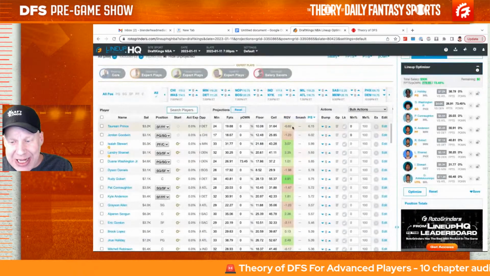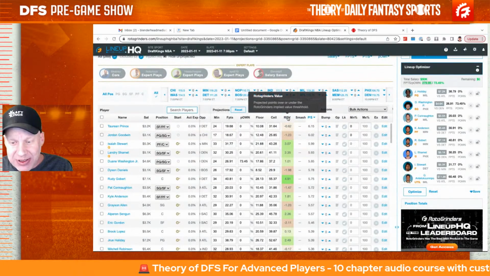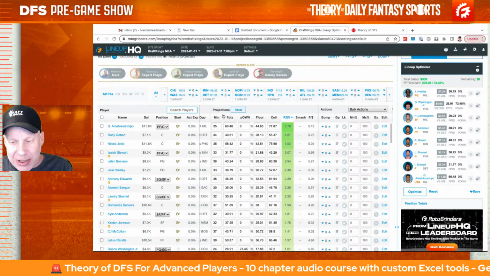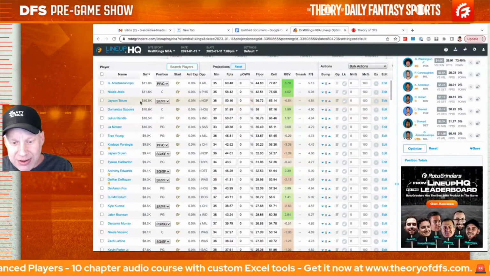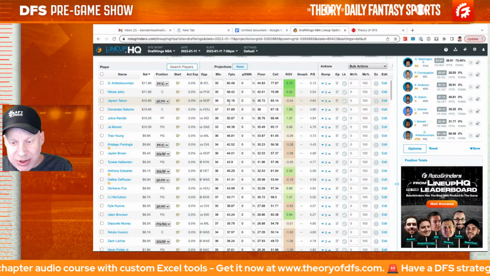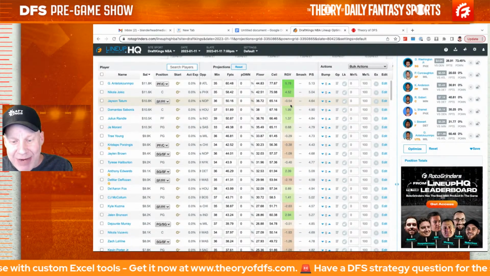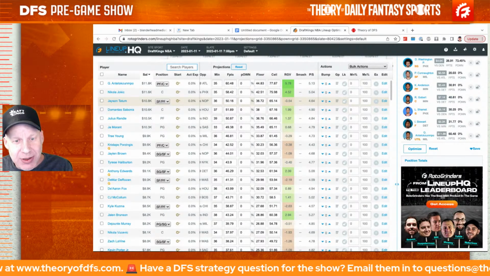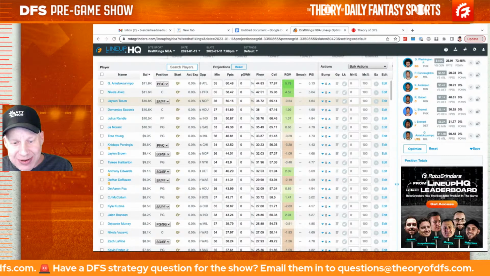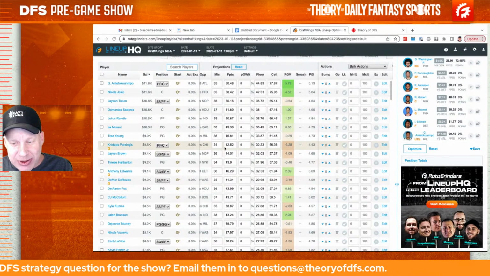So when you look at this column, that's what the RGV column is. Look, we could go by salary. Jayson Tatum projects for 50 points, which is a half a point lower than what a 10.8K player should be. The baseline. Kristaps Porzingis, 9,600.